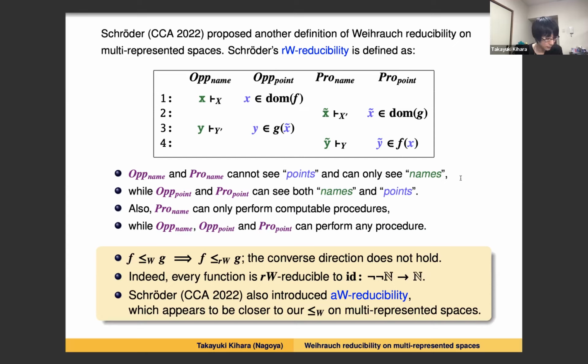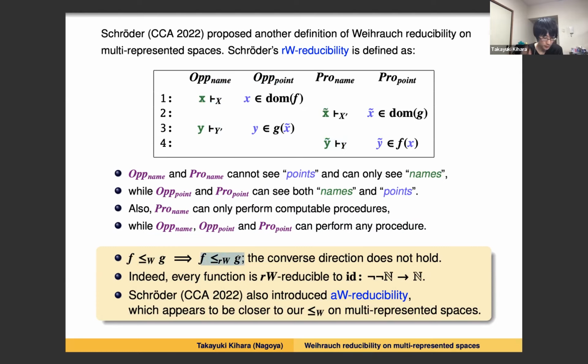But let's look at the properties of this RW reducibility. Since the opponent is weaker than in the previous definition, the proponent side is more likely to win. In other words, if F is Weihrauch reducible to G, then F is RW reducible to G. However, this RW reducibility is too easy to win because the opponent is too weak.